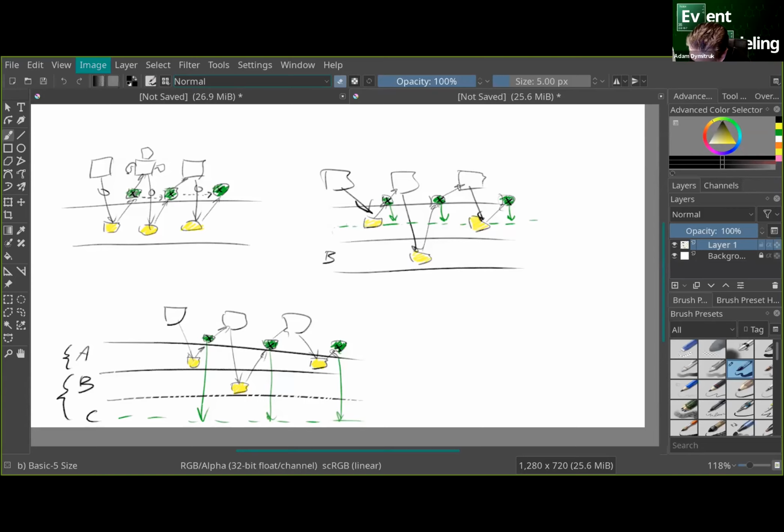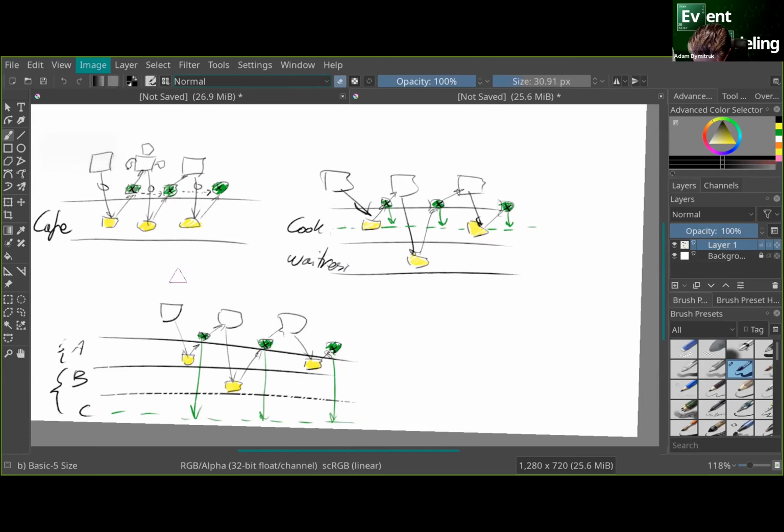So I guess if I was doing this badly, maybe first I would say have cafe, right, in the first one, and then maybe in the second one I would say cook and waitress, and then let's rev these out here. So what would the names be down here?